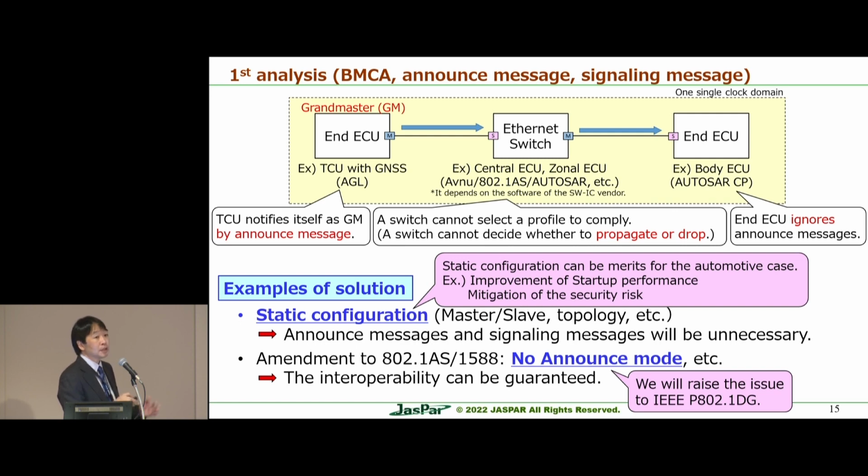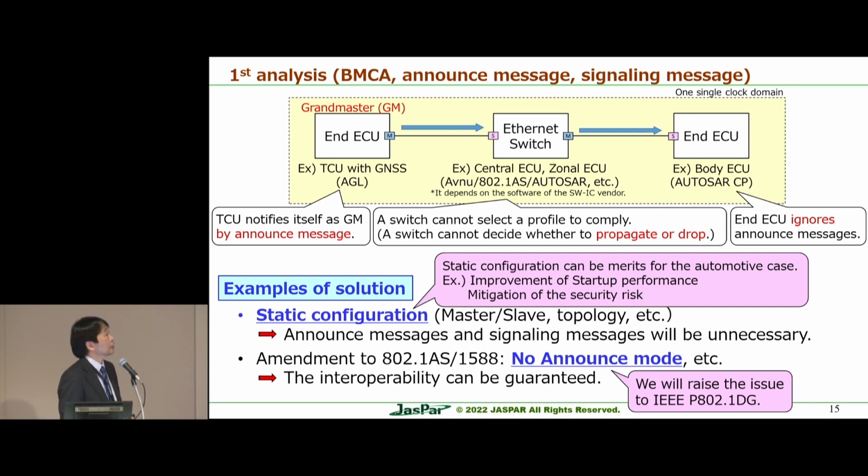So in this case, a switch cannot decide whether to propagate or drop the announce message. Even if the switch propagates the announce message, the end ECU complying with the classic profile ignores it. So there is a problem on the interconnectivity.